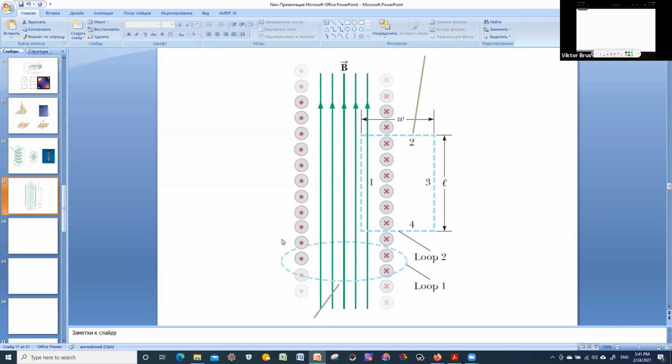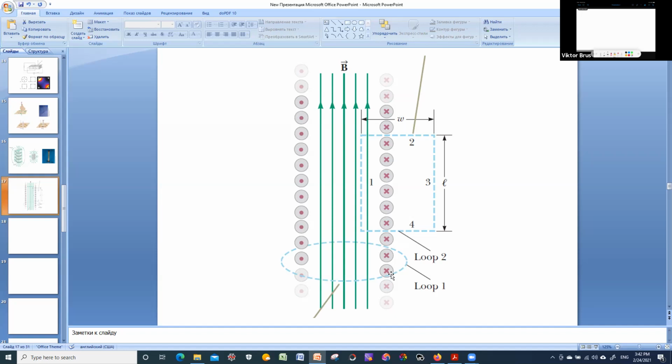If we take a look at the surface defined by the closed loop, this current is flowing upwards, and it's just current I. We don't have any repeating multiplication of this current. It's just taken once, this magnitude of electric current.